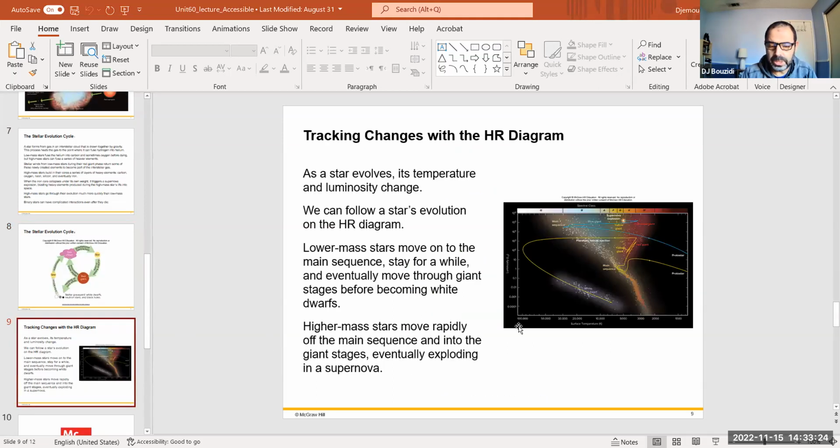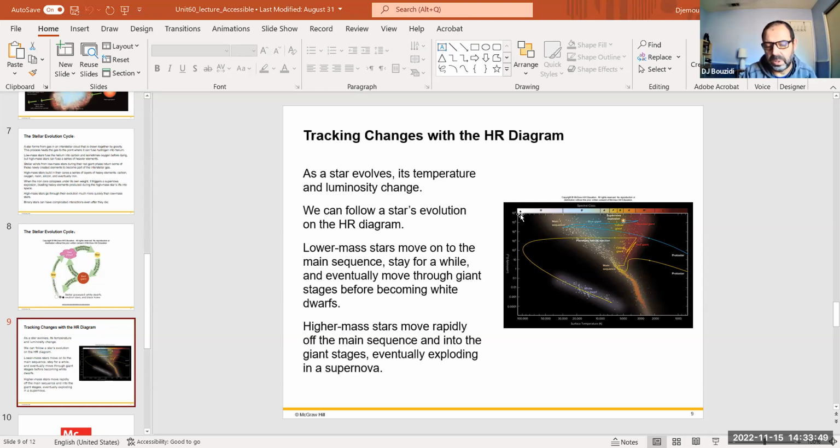Again, this is how stars evolve on the HR diagram. The main sequence line for the stars is the diagonal that runs from the top left to the bottom right.